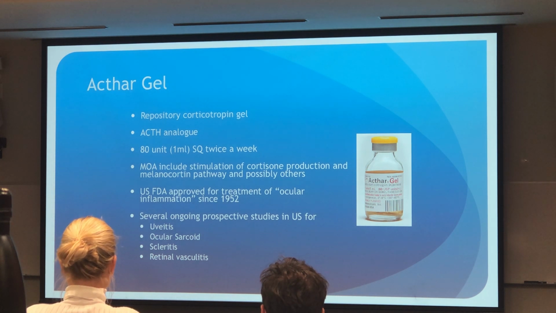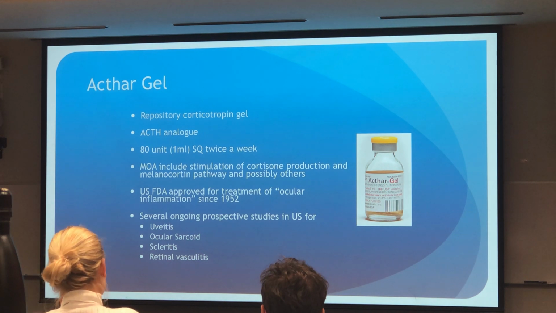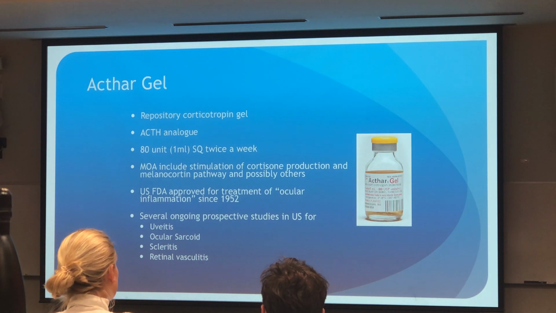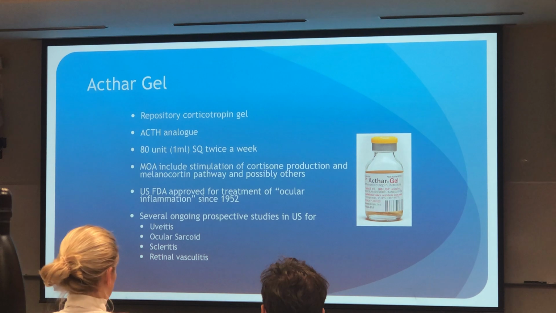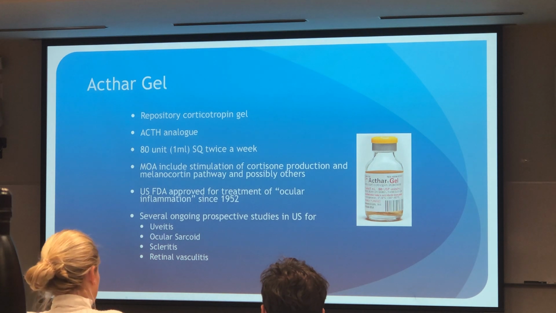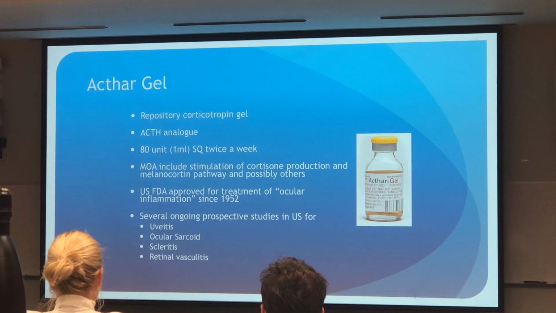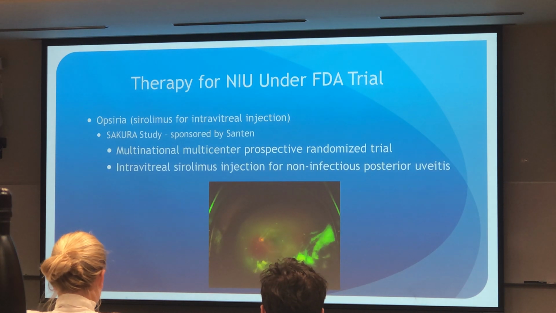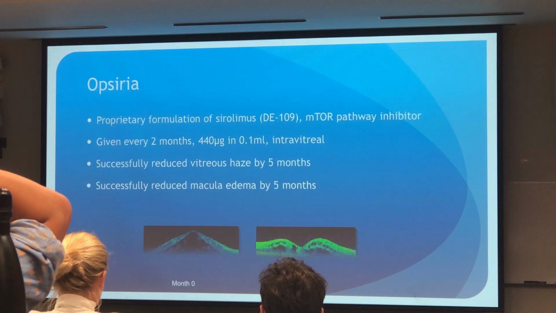It was approved by the FDA in 1950. It had been shelved for the uveitis population until very recently, and now there are several ongoing prospective studies looking into uveitis, sarcoid, scleritis, and retinal vasculitis. Let's skip that one.